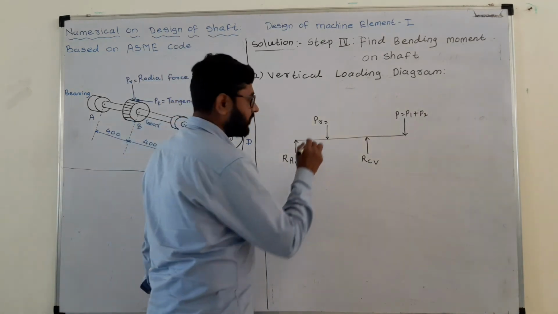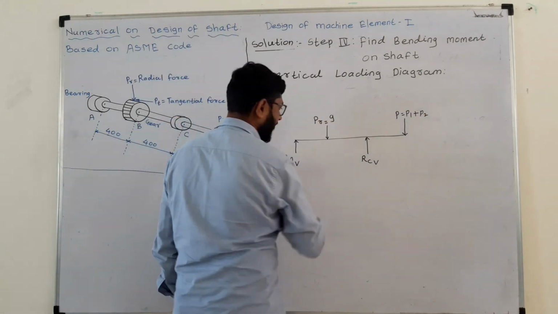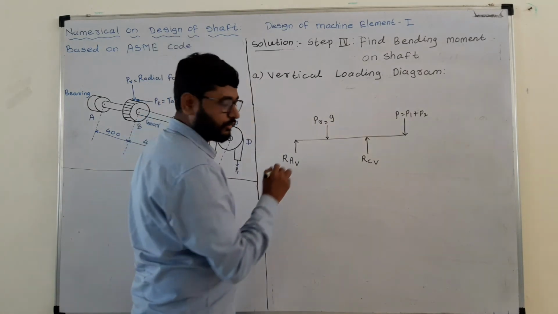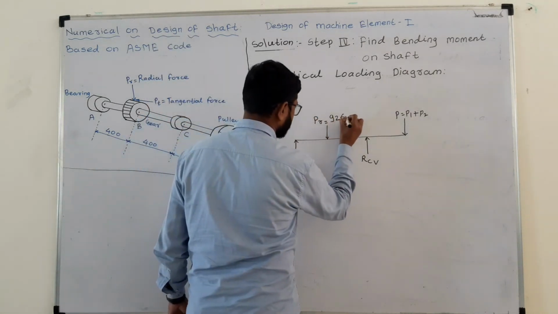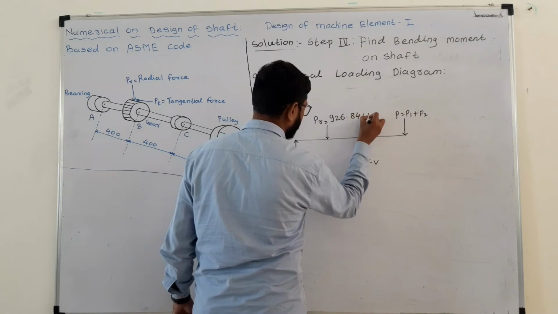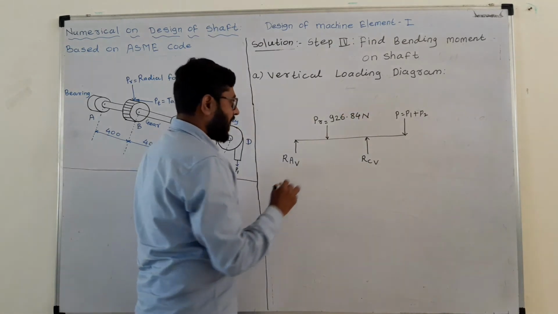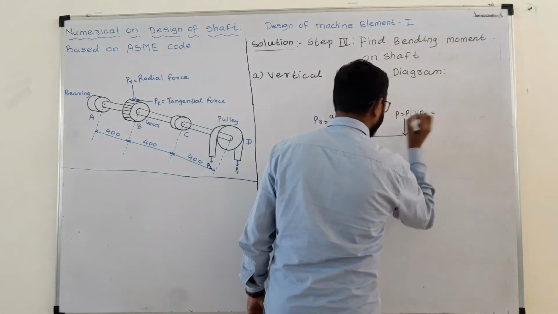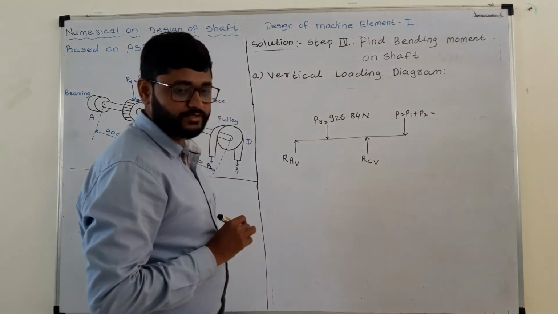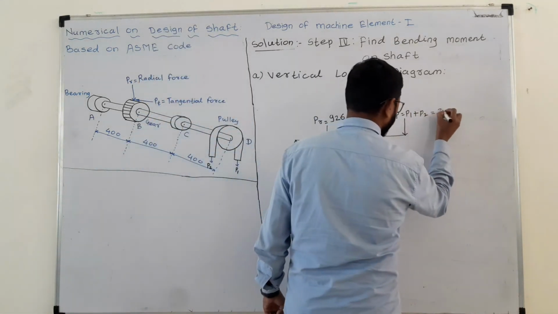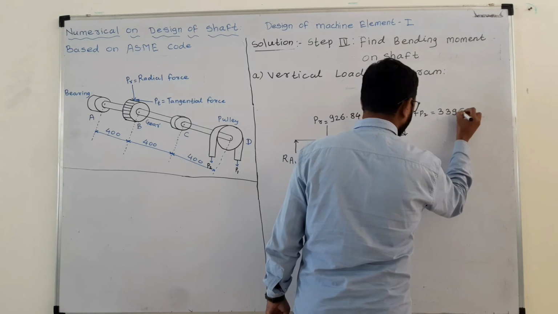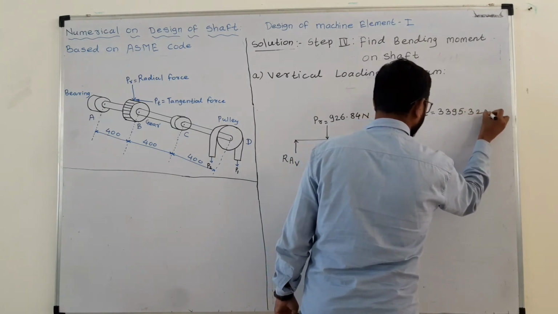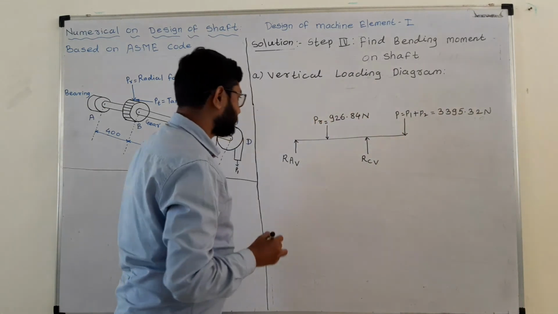So the radial force PR is 926.84 Newton, and the total tension P is equal to 3395.32 Newton.